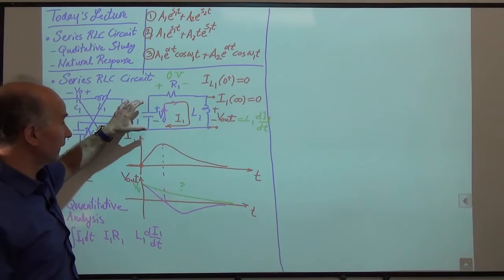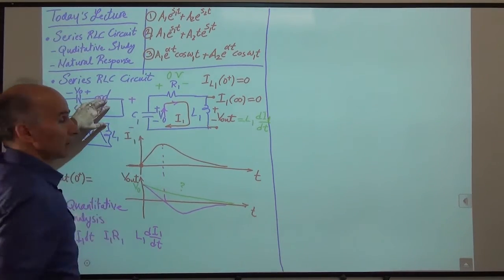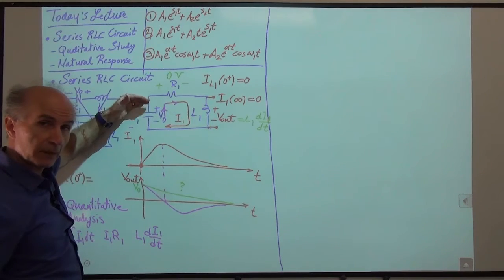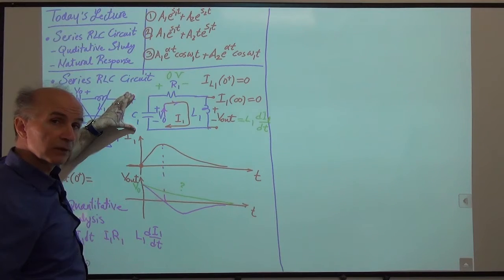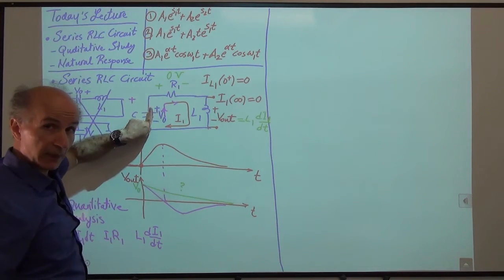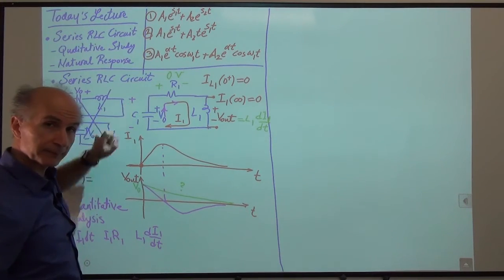If I think of the voltage on the cap as this type of voltage in my mind, high potential is up here, low potential is here, then I can say this voltage is equal to 1 over C1 integral of this current, but with a negative sign because the current is going from low potential to high potential.